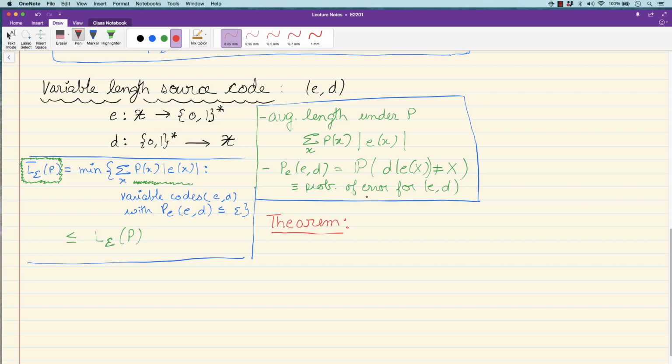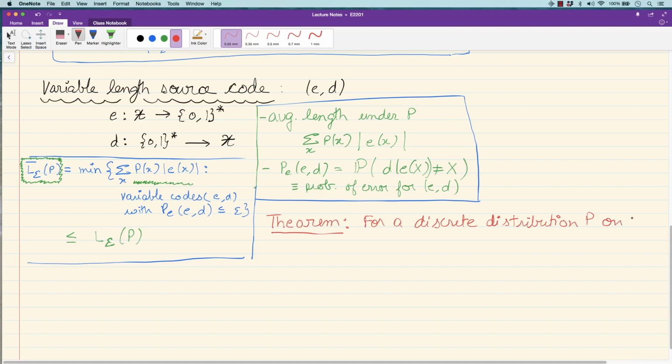It says, for a discrete distribution P on a finite set X, and for any epsilon, the probability of error that we are looking for, between 0 and 1. In fact, we can also allow epsilon equal to 0.